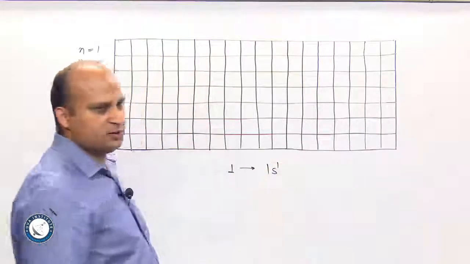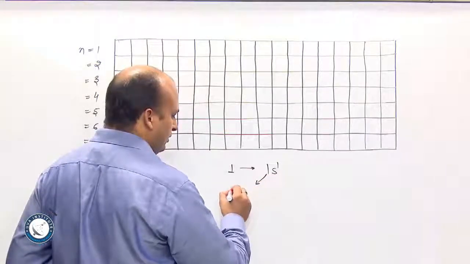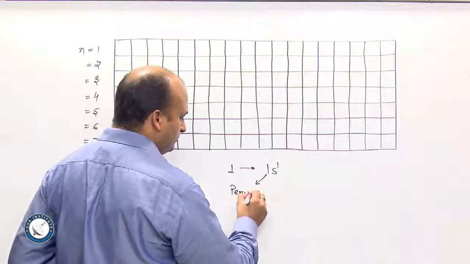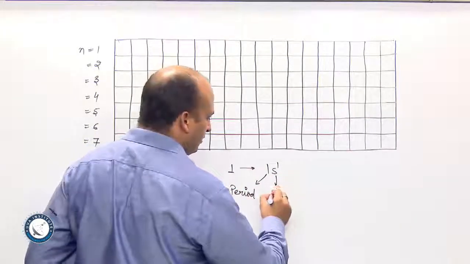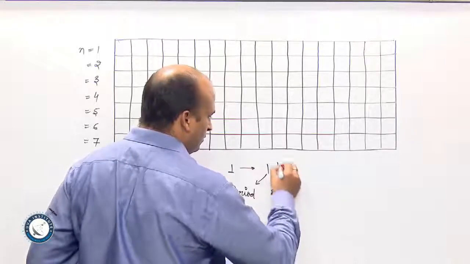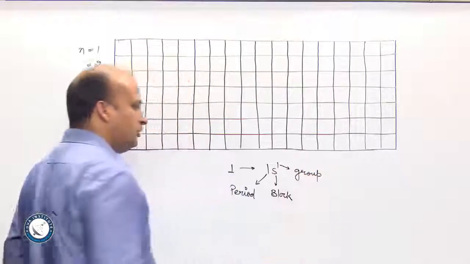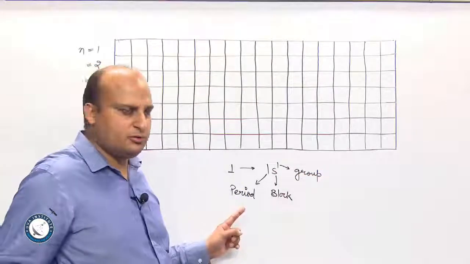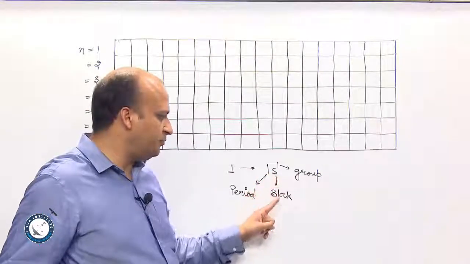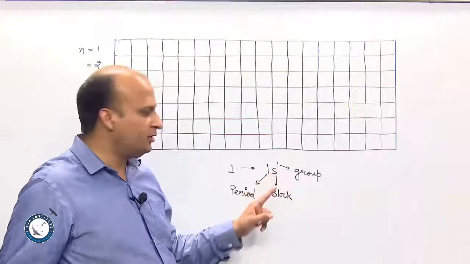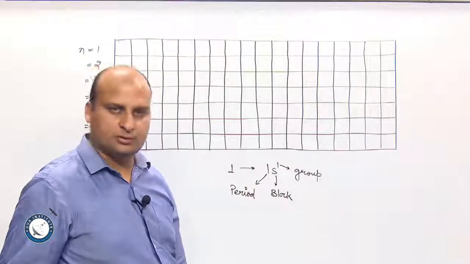So how will you read 1s1? 1 is the number of the period, s is the block, and this is the group. So you will say 1s1 means that this element is in the first period, s block, first group.